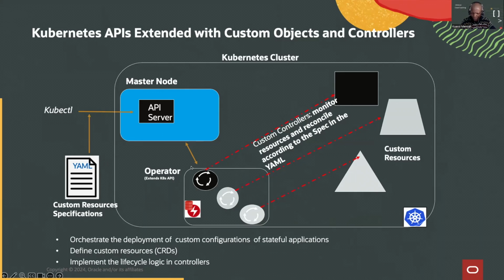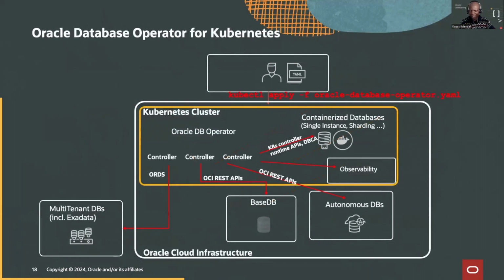Now I'm going to move from abstract to concrete. In concrete terms, this is the Oracle Database Operator for Kubernetes, and this is you. Through the YAML, you can deploy the operator by using kubectl apply, and the name of the file is oracle-database-operator.yaml.